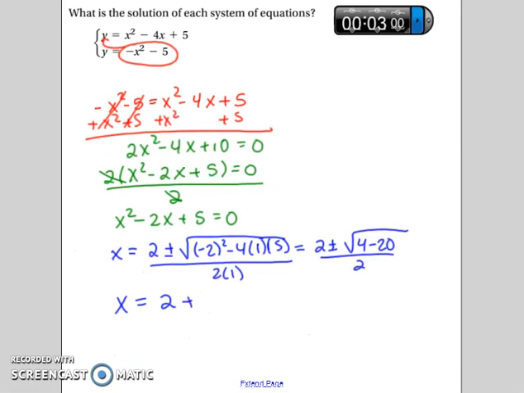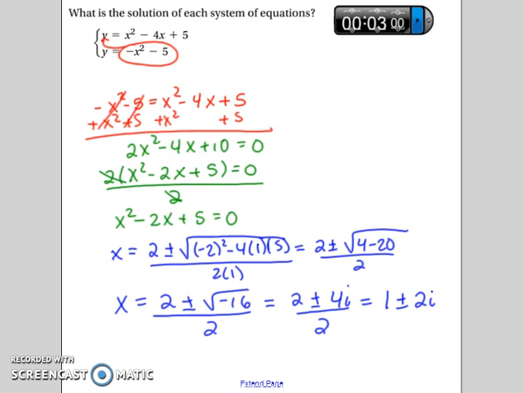So we get 2 plus or minus the square root of negative 16 over 2. So I can take out the i from the negative 16, and the square root of 16 is 4. So I could rewrite that as 4i, and then everything can be divided by 2. So I have 1 plus or minus 2i.